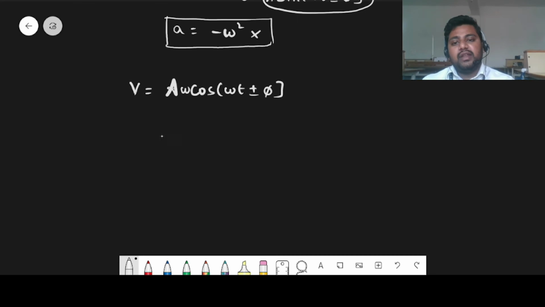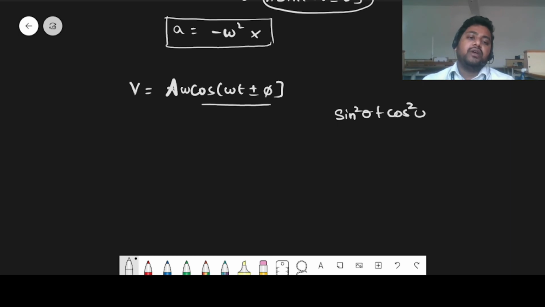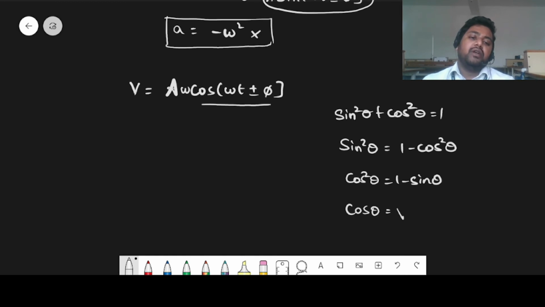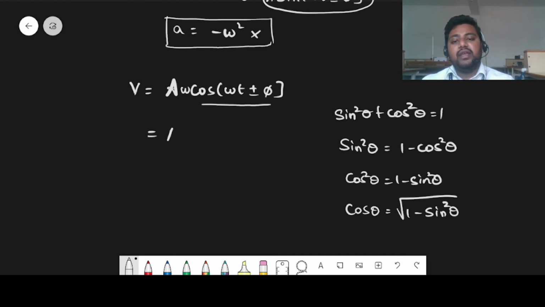Since we know the identity sine square theta plus cos square theta is equal to 1, I can write sine square theta is equal to 1 minus cos square theta, or cos square theta is equal to 1 minus sine square theta. So cos theta can be written as under root 1 minus sine square theta. Substituting that in this equation, I can write this as a omega into under root of 1 minus sine square omega t plus or minus phi.